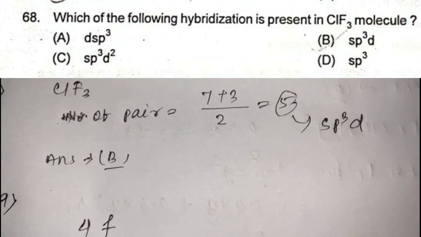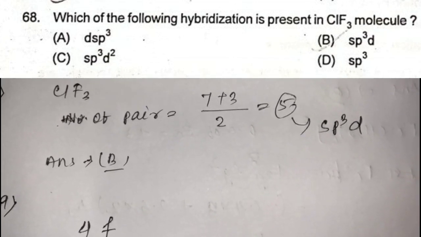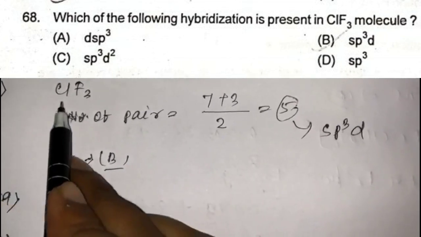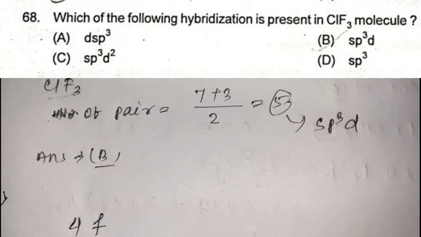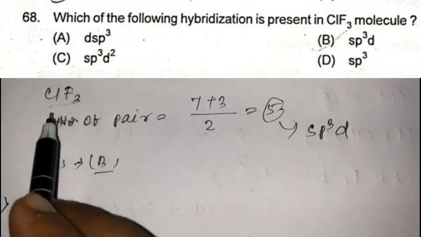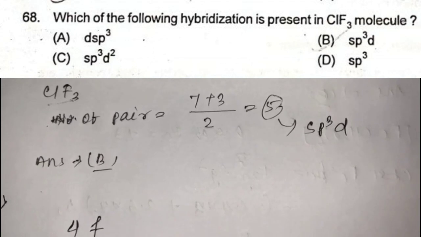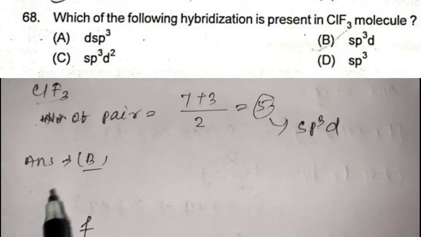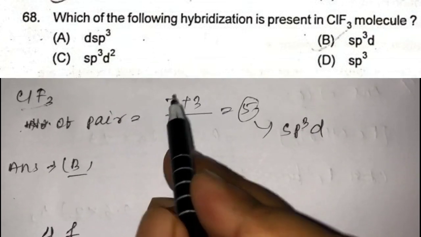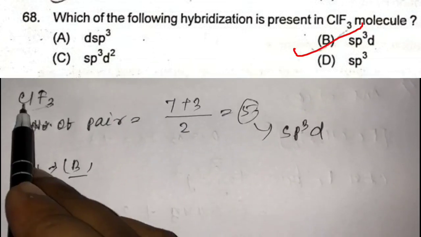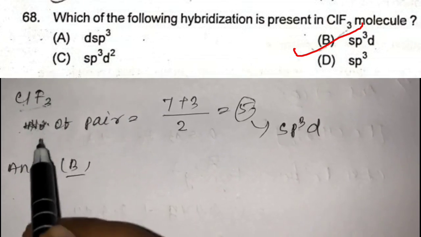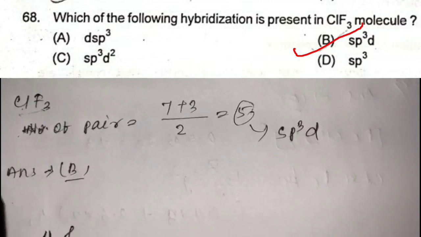So the next question is 68 number. Which of the following hybridization is present in ClF3 molecule? So they are basically asking the hybridization of ClF3 molecule. So we have to calculate first the number of electron pair present in ClF3 molecule. For that the trick is here, to calculate your number of pair, you have to add your number of valence electron present in chlorine atom plus number of monoatomic atoms attached to the central metal atom.